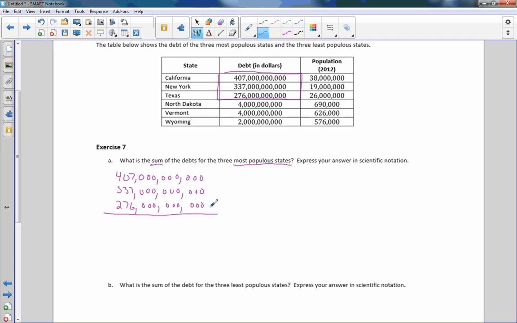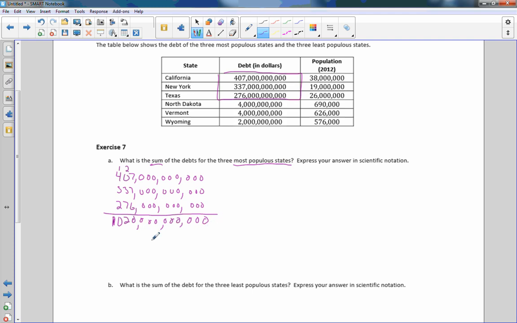And if I add these up like this, obviously we're going to 0 plus 0 plus 0. We're going to keep getting all these zeros here. And then 7 and 7 is 14, plus 6 is 20, carry the 2. 2 plus 3 is 5, plus 7 is 12, carry the 1. 4, 5, 6, 7, 8, 9, 10. So I get 1,020, and then a bunch of zeros.